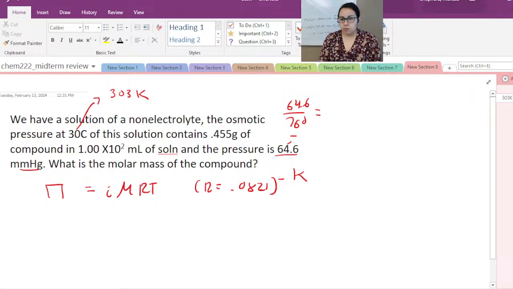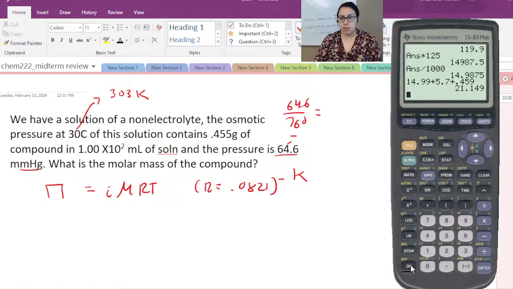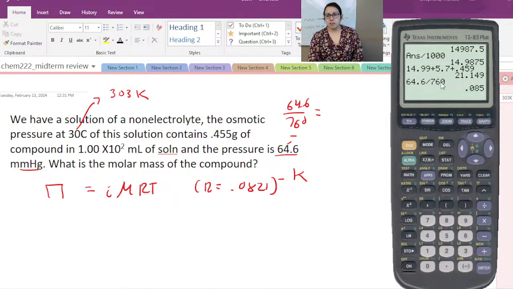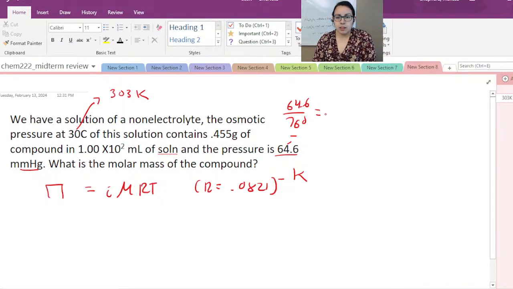And if we're using this gas constant, then we have to convert the pressure to atm, which you guys caught on to. Excellent. So then I get 0.085 atm. This is our osmotic pressure, big pi. Now we can set up our equation.